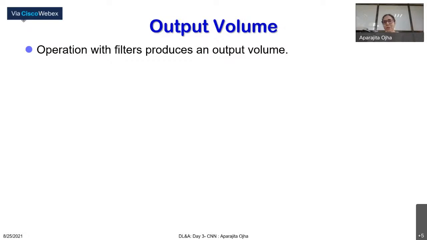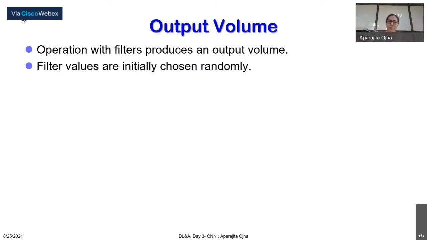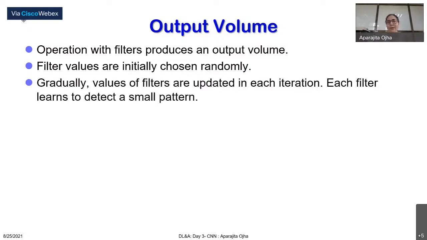So the operation with filters produces an output volume, and filter values are initially chosen randomly, as I told you. Gradually, values of the filter are updated in each iteration. How are they updated? I hope you remember. The values are updated like any W value is updated, like this.